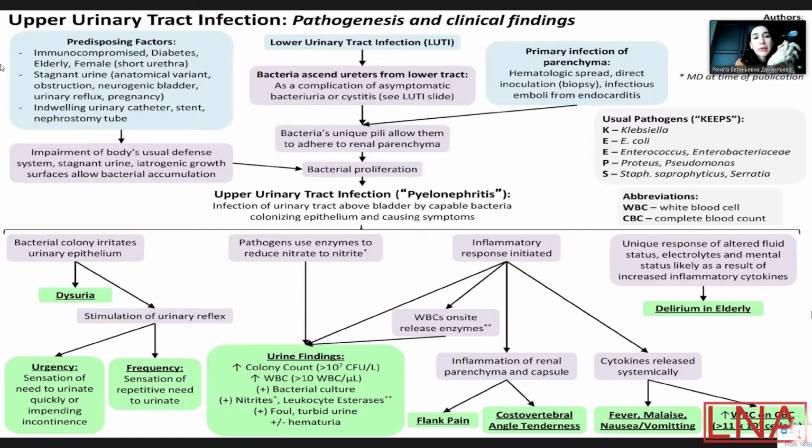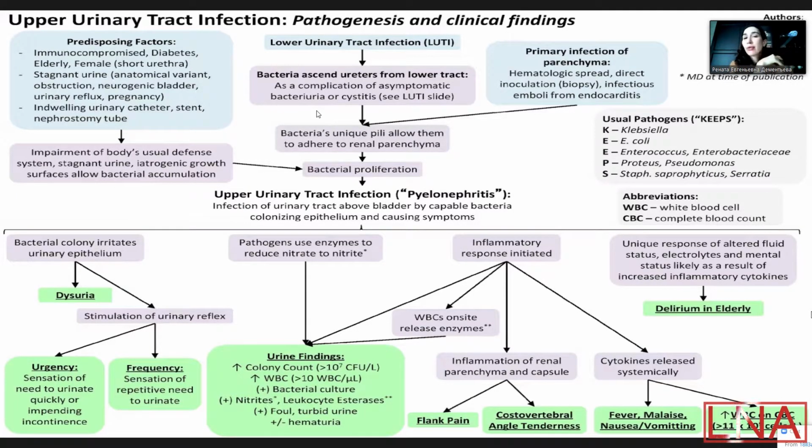This leads to impairment of the body's usual defense system, stagnant urine in the urinary tract, and an iatrogenic growth surface that allows bacterial accumulation, leading to bacterial proliferation and multiplying. Bacteria ascend the ureters from the lower tract as a complication of asymptomatic bacteriuria or cystitis, go by the ascending way to the kidney, adhere to the renal parenchyma, and proliferate.